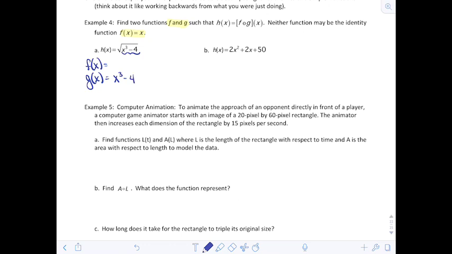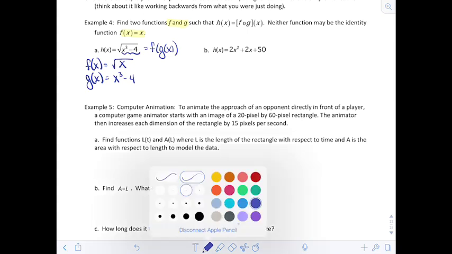And I input that because, again, I want f of g of x. I'm taking g of x and putting it into f of x and getting this h of x as a result. So I'm going to make f of x the square root of x. So now the composition would work. I would take g of x, x cubed minus 4, put it in for x, and I would have my h of x.